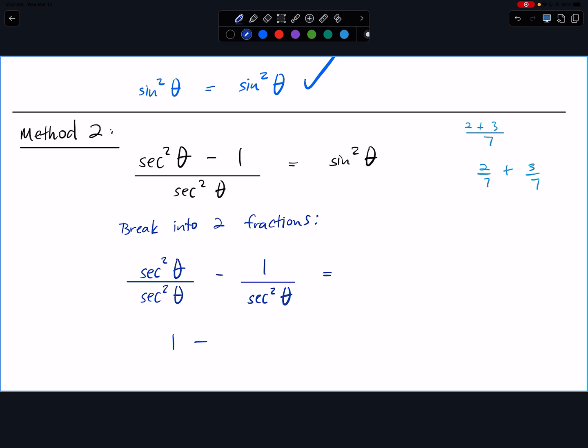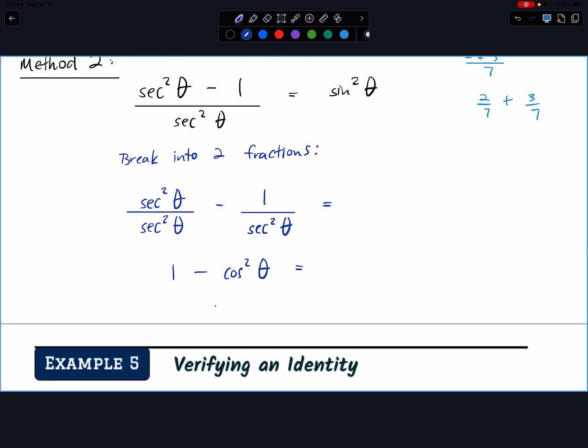Cosine squared. And what's that? That's sine squared. Because remember, sine squared plus cosine squared equals 1. So this is just that, just rewritten. So this is the same thing as sine squared theta.